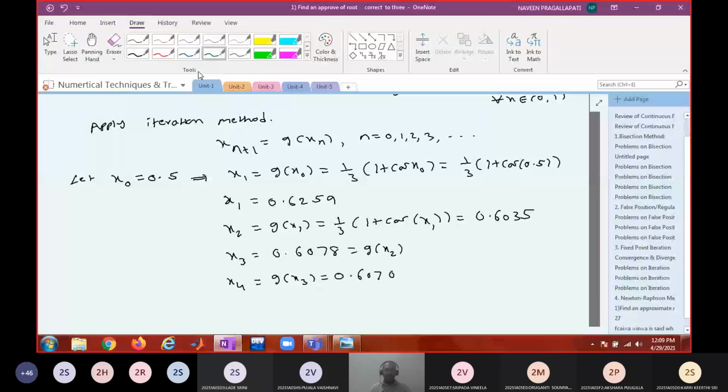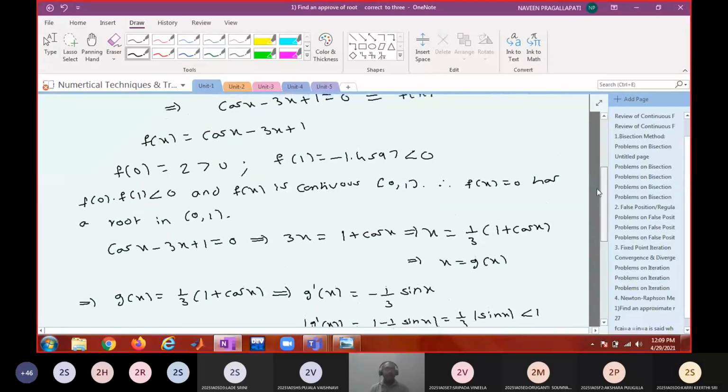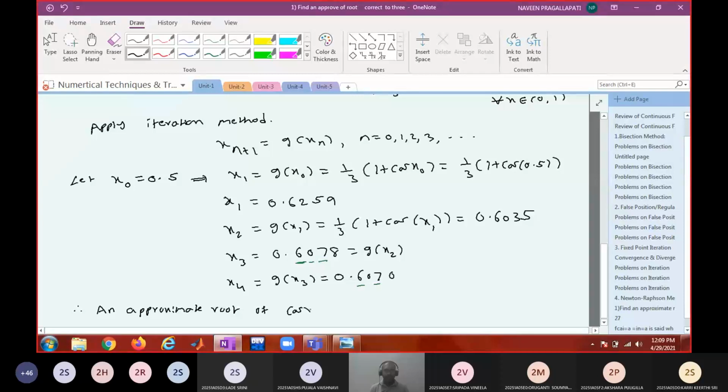Therefore, you can stop the iteration process and say that the approximate root is 0.6070, correct to 3 decimals. Is it fine?